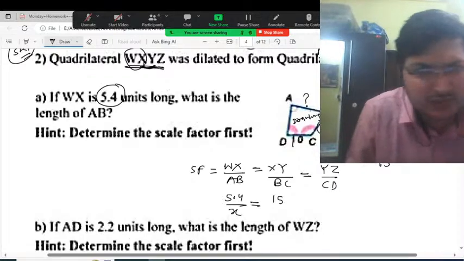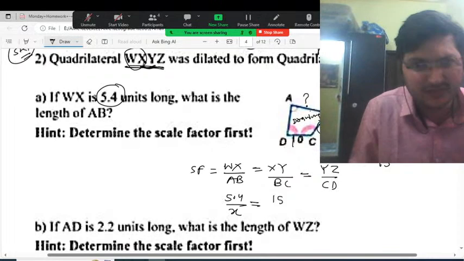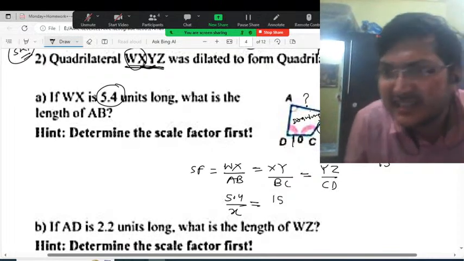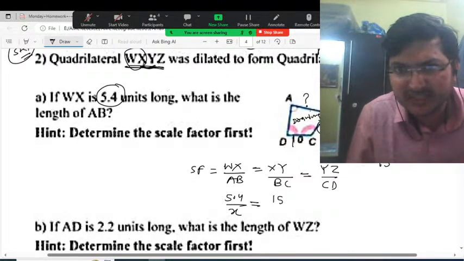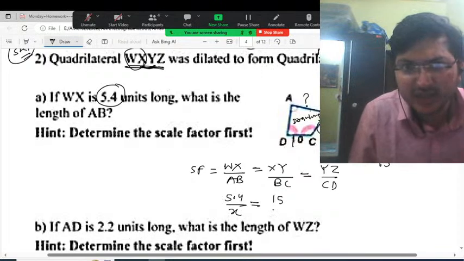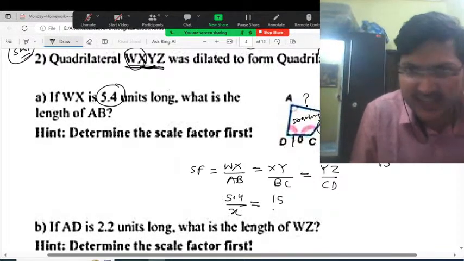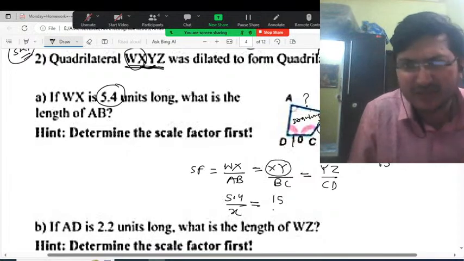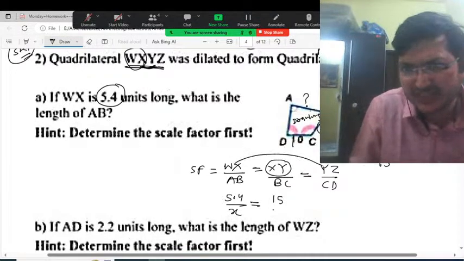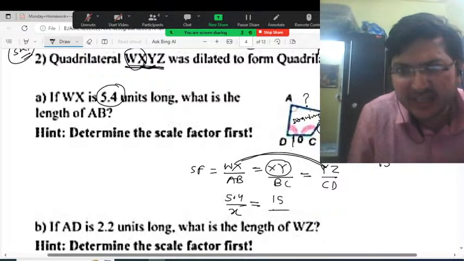If you don't want to use BC, no issue, you use YZ over CD. YZ is 15, and CD is how much?